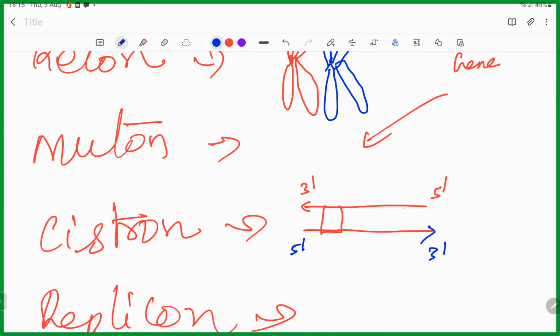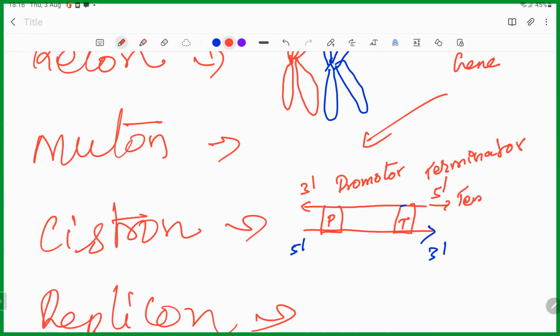So here one region is called the P region. Here one region is called what? T region. P stands for what? Promoter. T stands for what? Terminator.